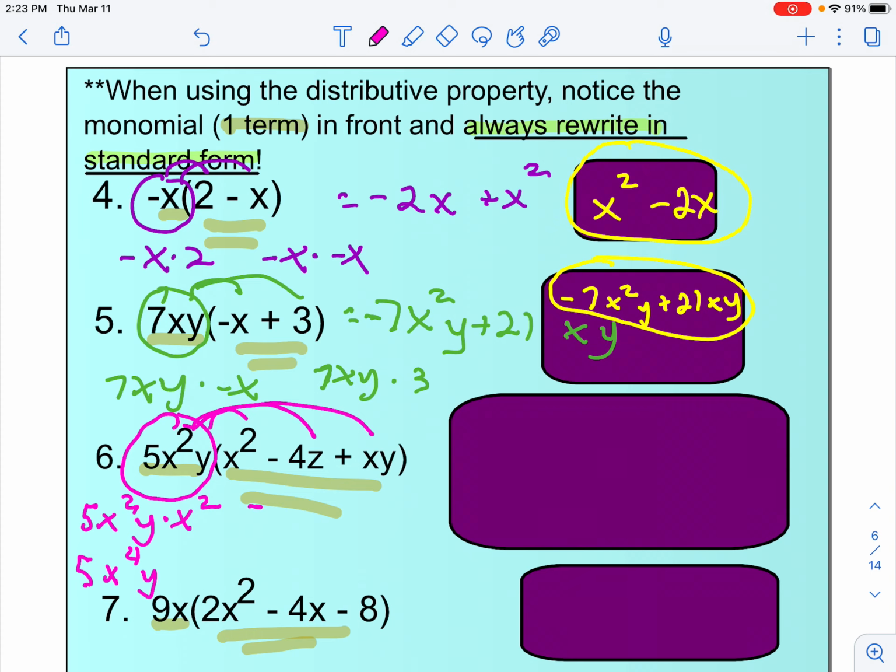Okay, now I take 5x squared y times negative 4z, and that is going to give me 5 times negative 4 is negative 20x squared yz. And again, I need to do that last term, so I would take 5x squared y times xy, so that would give me 5x to the 3rd y squared.